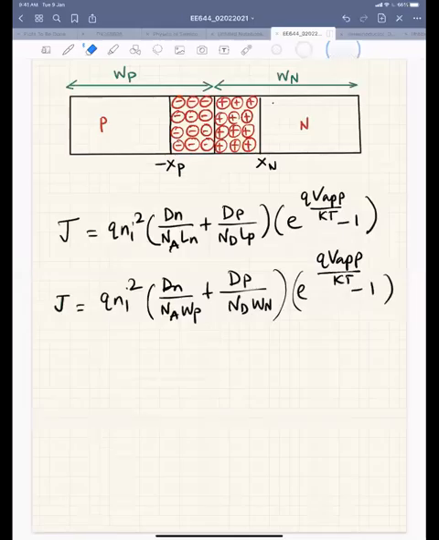All right. So in the last few classes, we have been deriving the current equation of the PN junction, and we derived the current equation for the wide base diode case and the narrow base diode case. These are the two equations that we have derived.